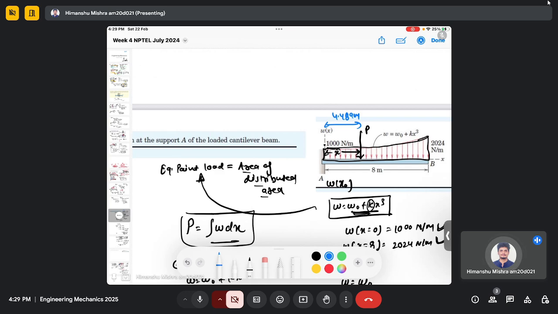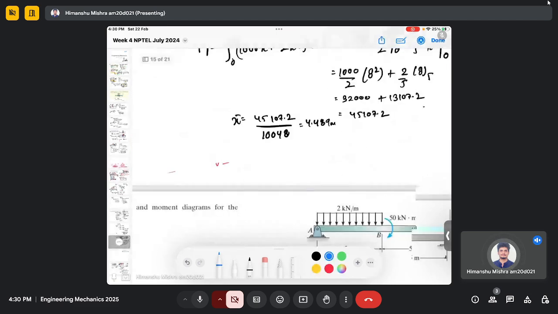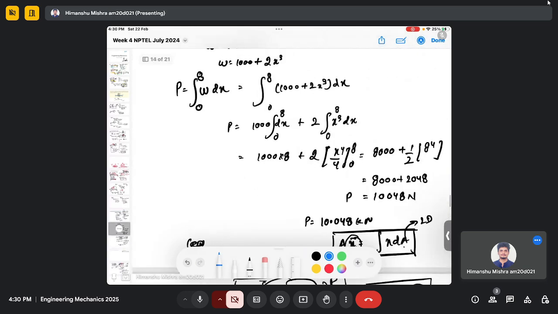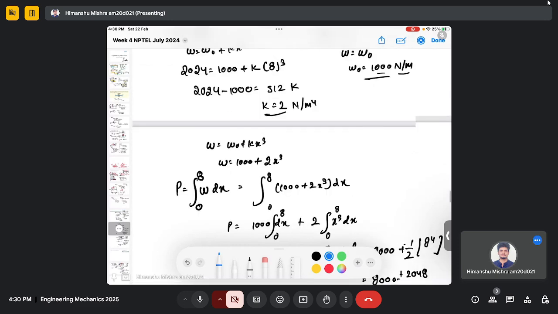Now this problem is reduced to a simple point force problem on the cantilever beam. Let's say I make the free body diagram.